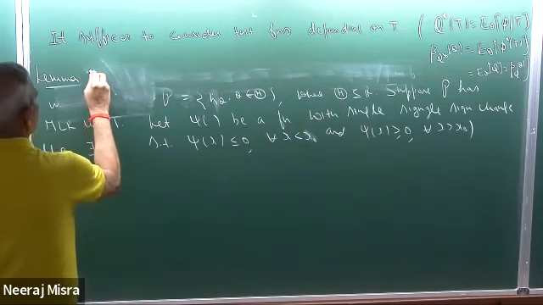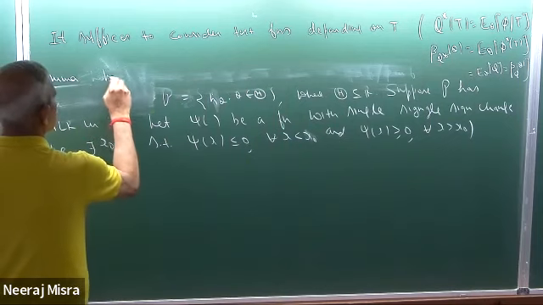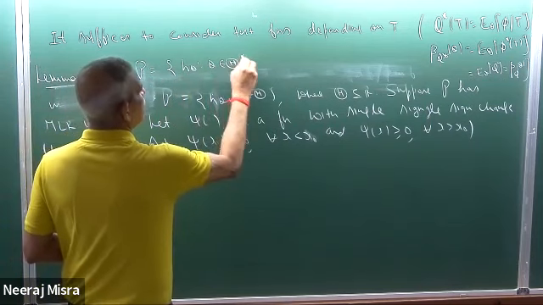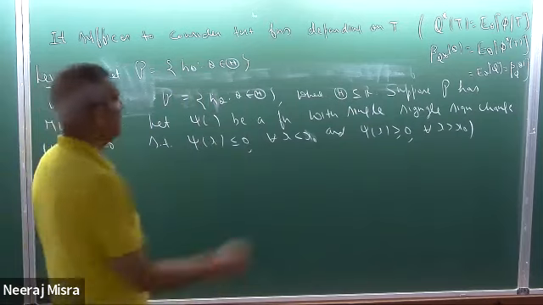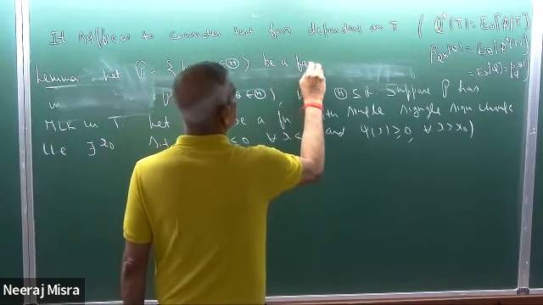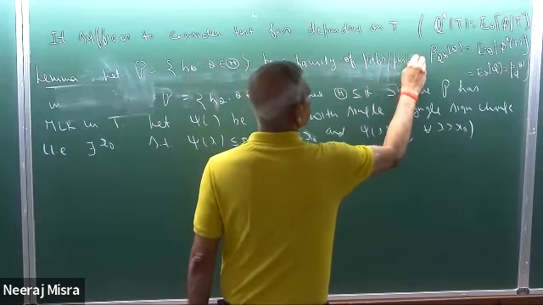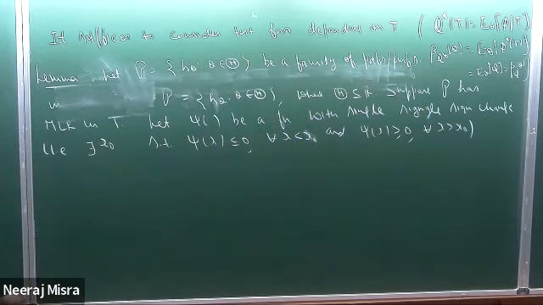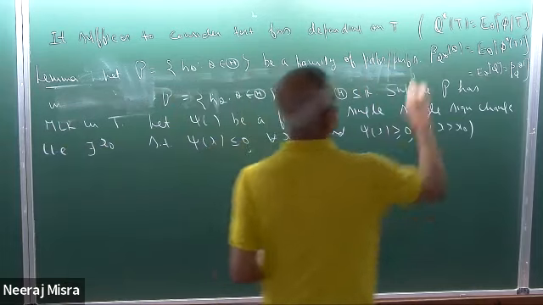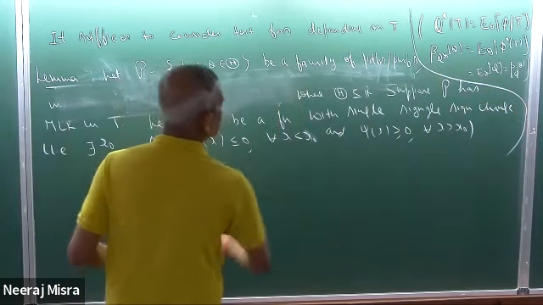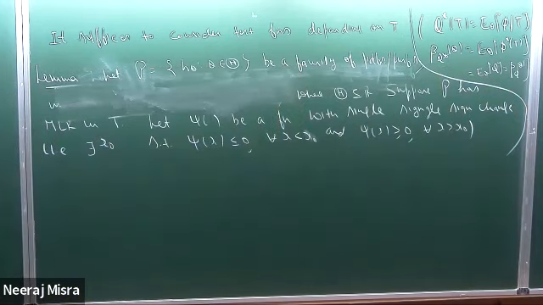Let P_theta, theta belonging to Theta, be a family of PDFs or PMFs, where Theta is a subset of R. Suppose P has MLR in T. Is that okay now?